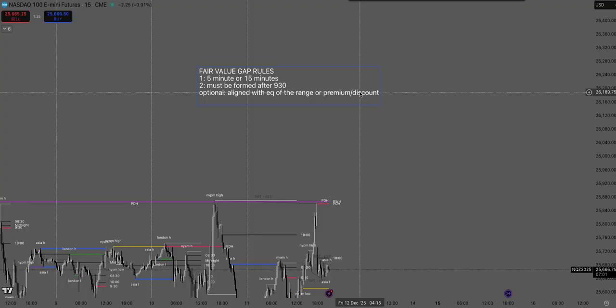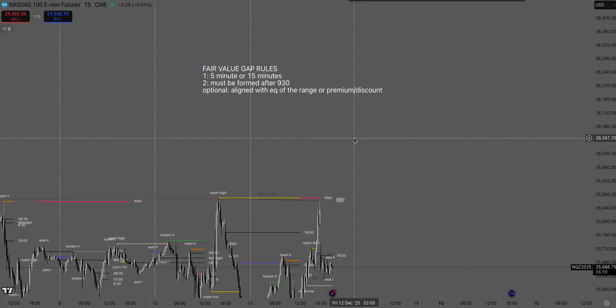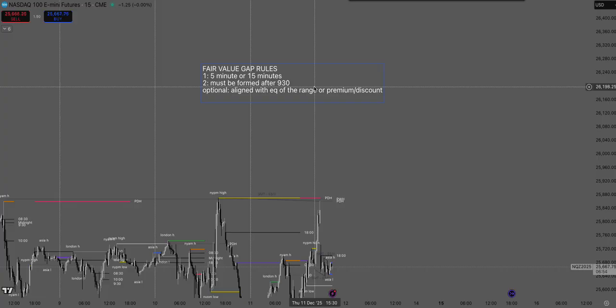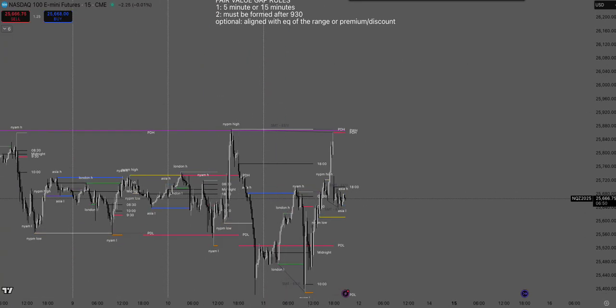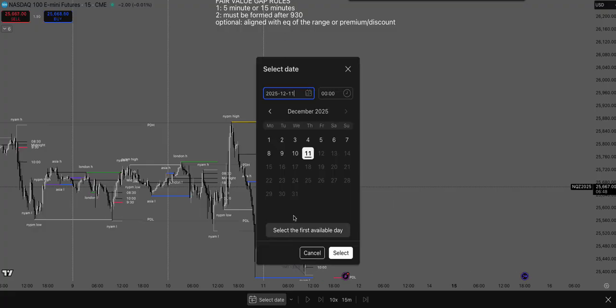There are a few other things that I look at that I'm going to hold off on, just to keep it simple and easy to backtest. I'll share them in a later video, but we'll go into the market and look for this. I'll start with today's trade, which is the 11th.